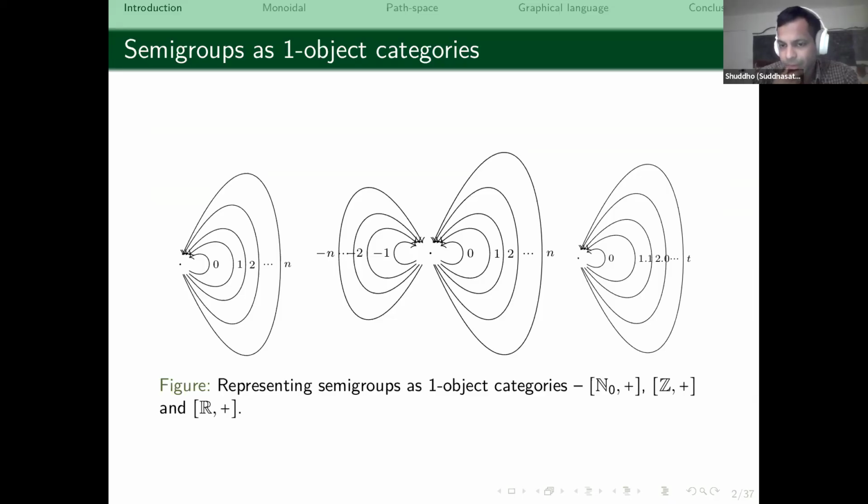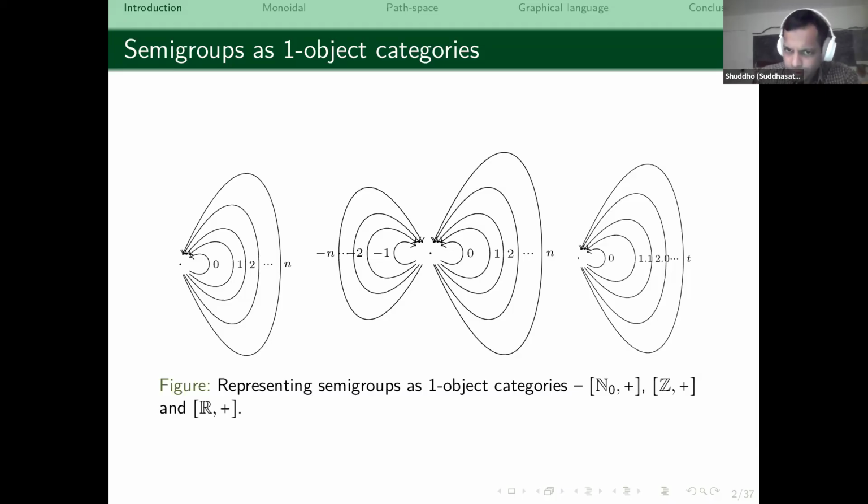The reason I'm depicting these groups is because they often play the role of time. These are the usual choices of time structure in dynamical systems theory. So observe that I have depicted each element of the group as an arrow starting and ending at the same object.